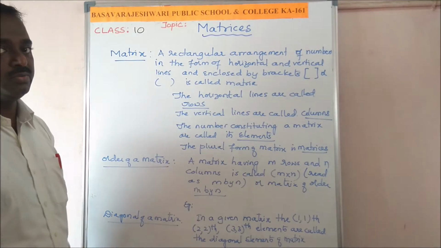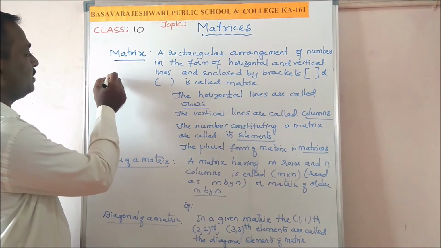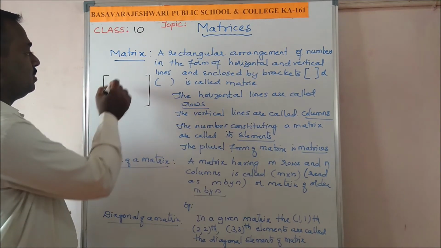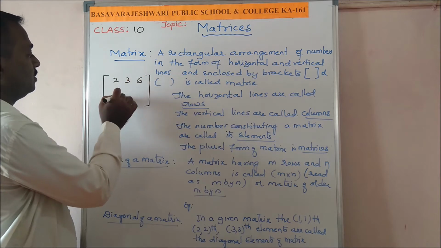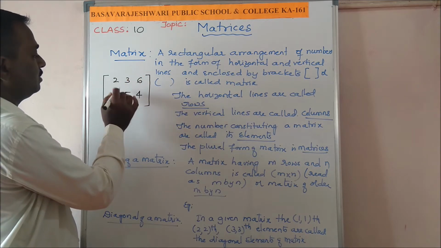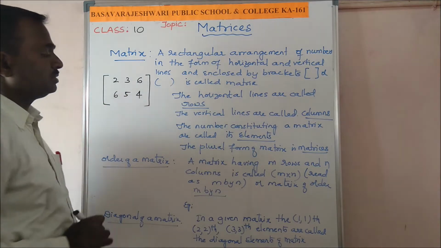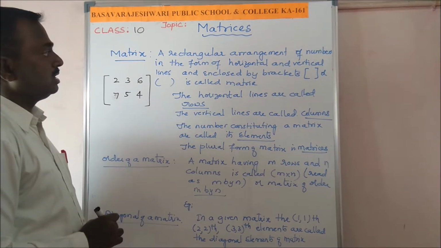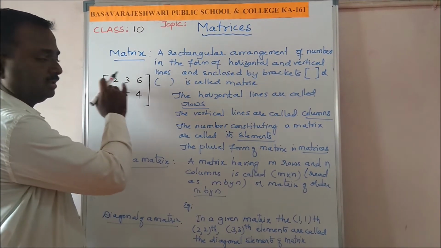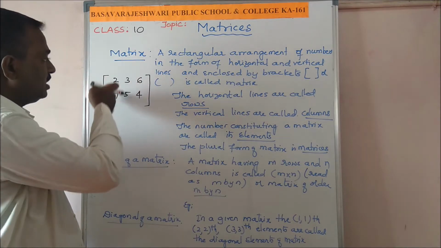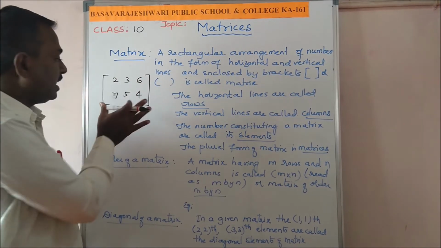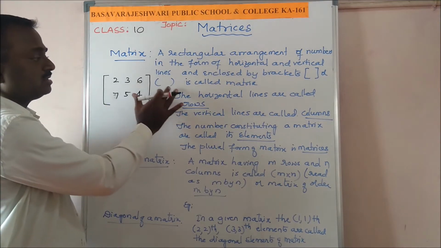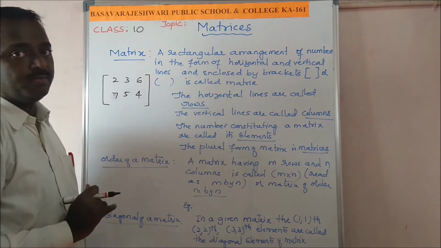So the matrix will be in the form of a rectangular arrangement of numbers in horizontal and vertical lines enclosed within square brackets or parentheses.